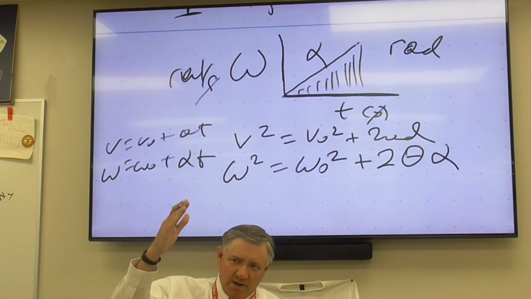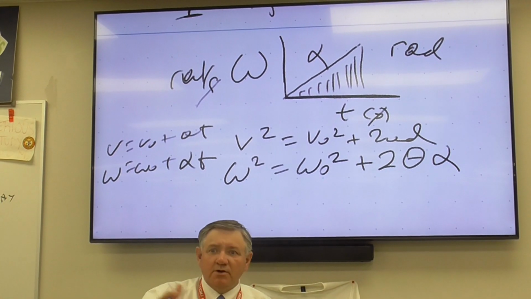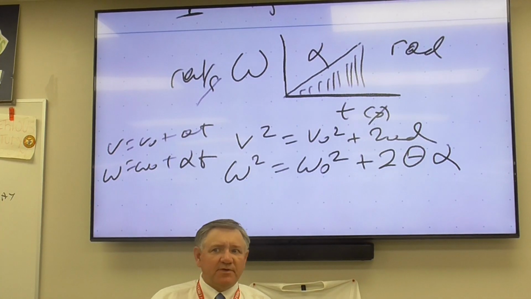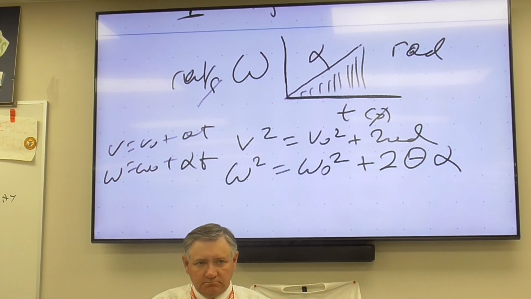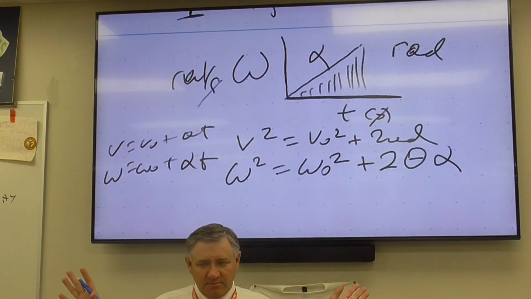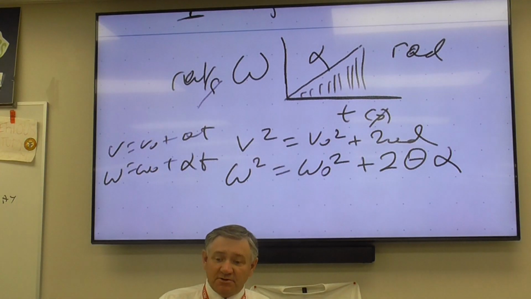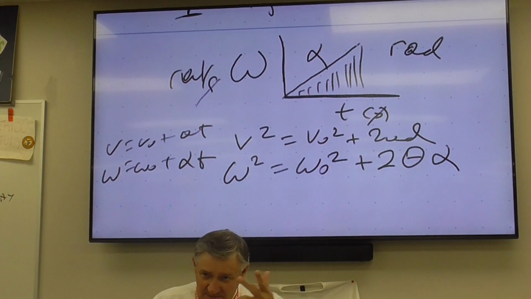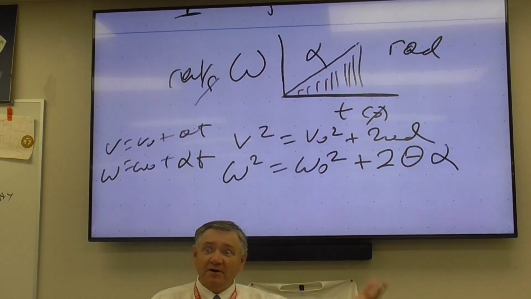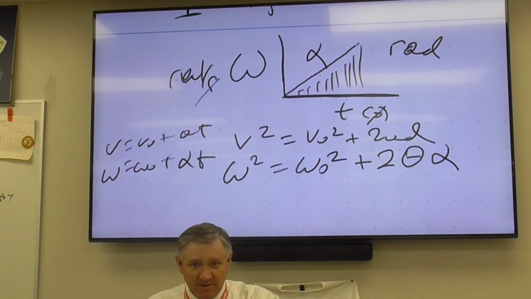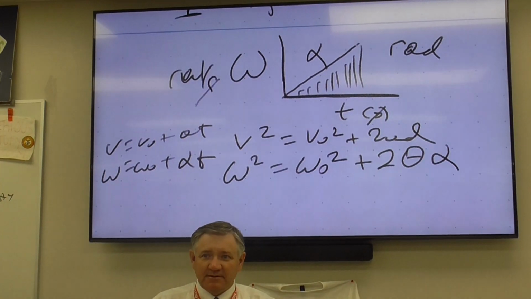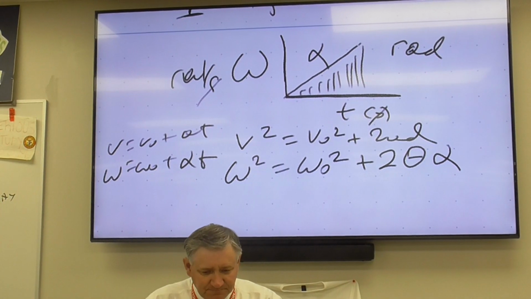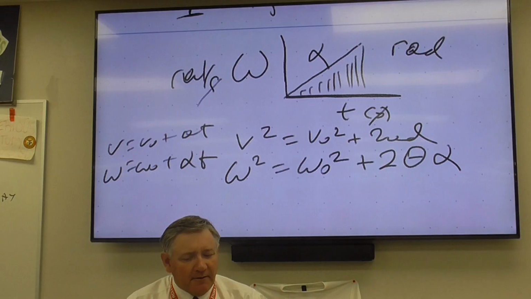Any time you have a linear equation, you can write the exact same thing with angular. All you have to do is replace the variables. So make sure by tomorrow you know that theta is distance, omega is velocity, alpha is acceleration. And they are on your right side.